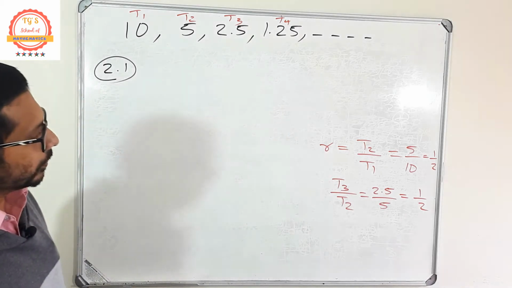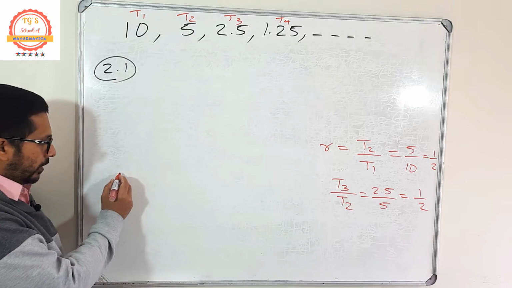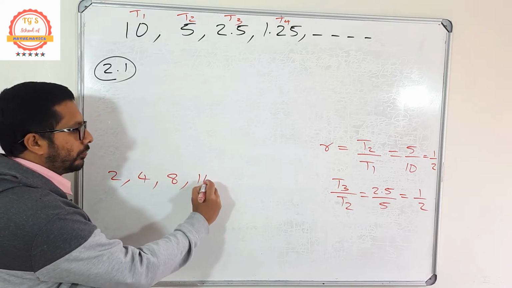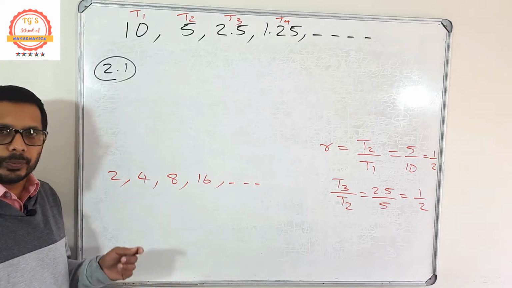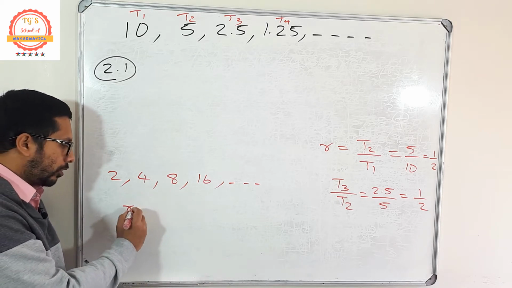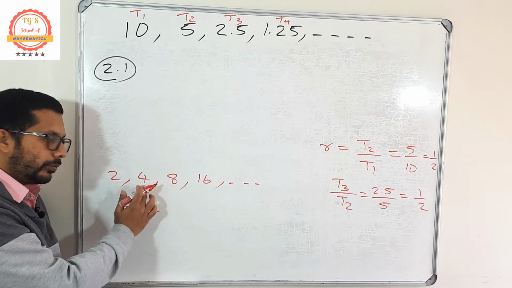Now look at this example. Look at this sequence: 2, 4. This is a common sequence that all of you know. This is a geometric sequence with a common ratio 2. Am I right? How do you get this 4? What is the common ratio? 4 divided by 2, that is 2, or 8 divided by 4, that is 2.